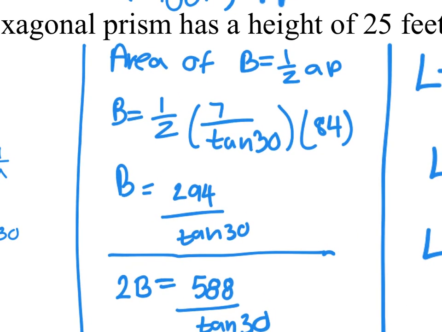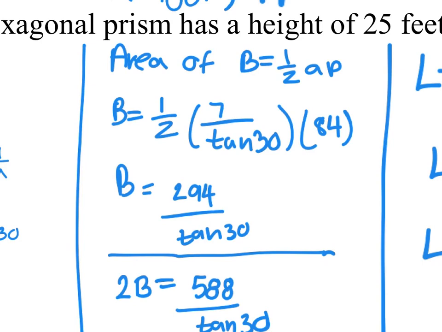So now, for the area of my base, I'm going to do base equals 1/2 times my apothem, which I just found, times the perimeter of the base, which I already found was 84. So I end up with my base equal to 294 over tangent 30. Notice that again, I am not trying to simplify, round that, or convert that into a decimal just yet.